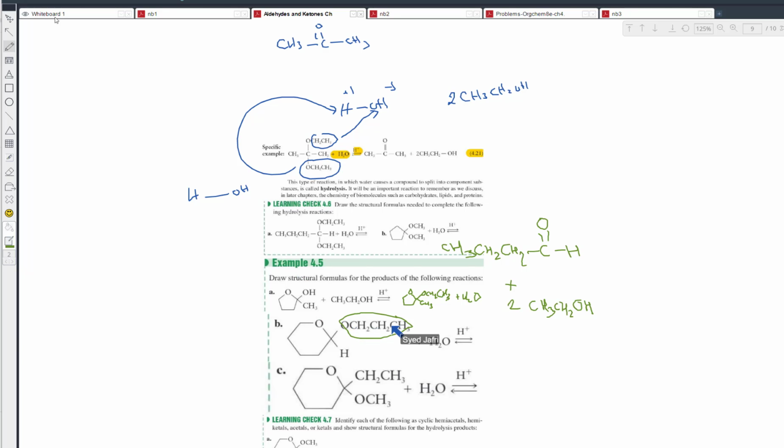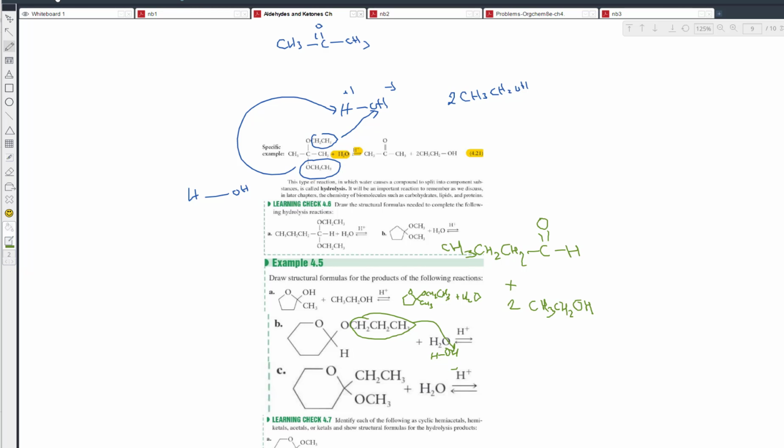Take only this one. It will go with the OH. And now this is going to break here, and then this H goes up there. Is that right? No, H is not going to go there.